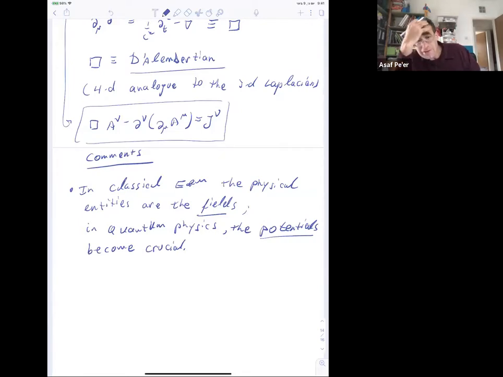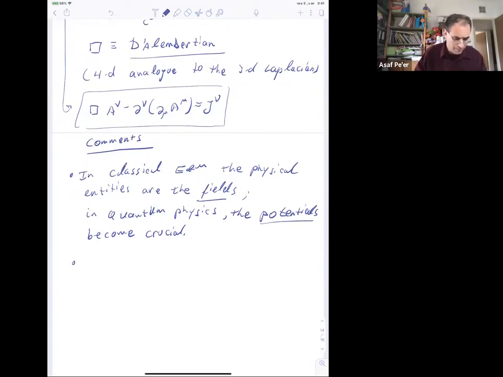Another advantage of this formalism using the potentials is that the homogeneous Maxwell's equations are automatically taken care of. They follow immediately for any potentials Phi and A that satisfy the requirement we have.